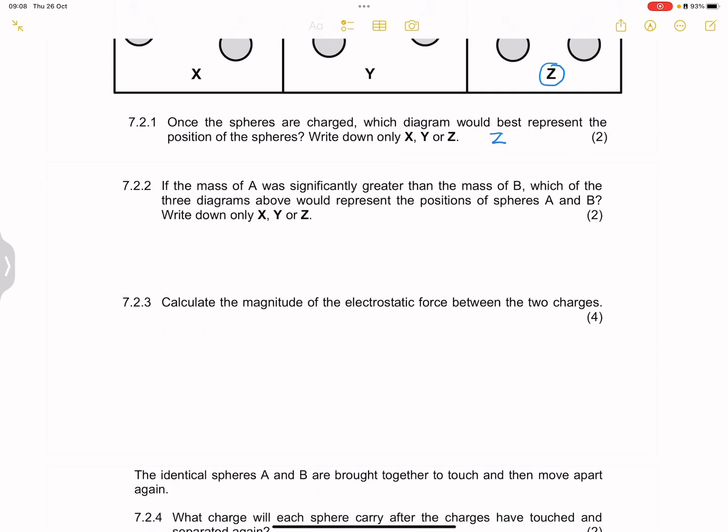Now they say to us, if the mass of A was significantly greater, which means A is now heavier than the mass of B, which of the three diagrams would represent the position of spheres A and B?